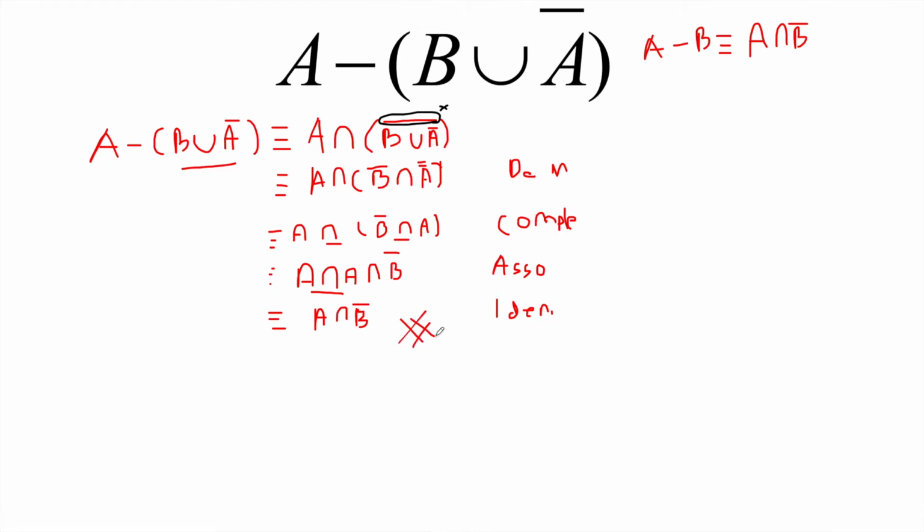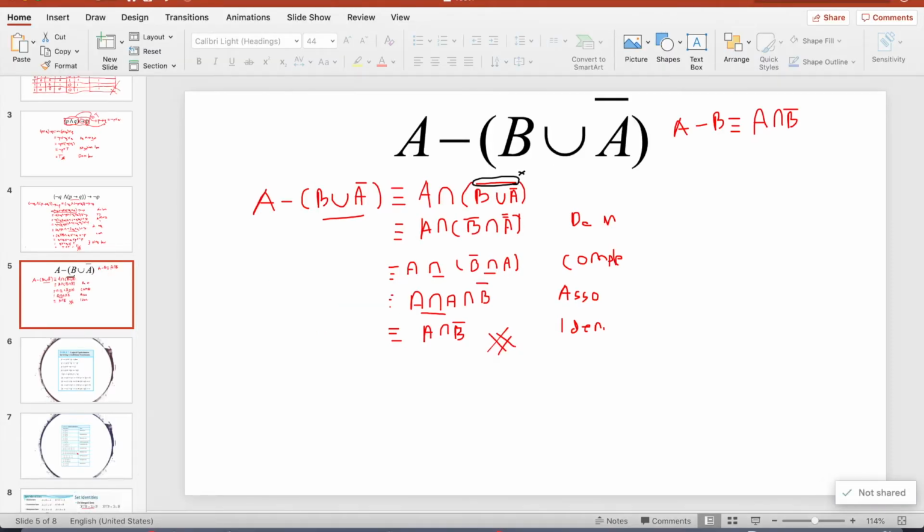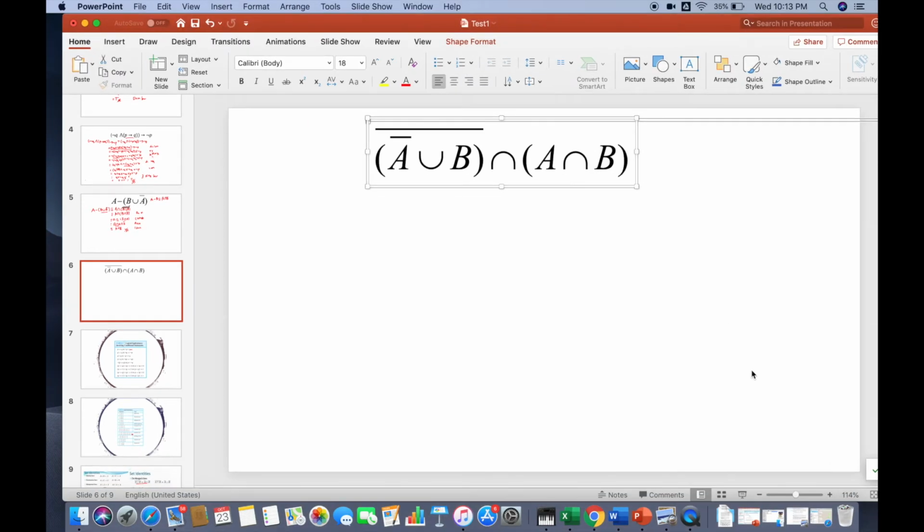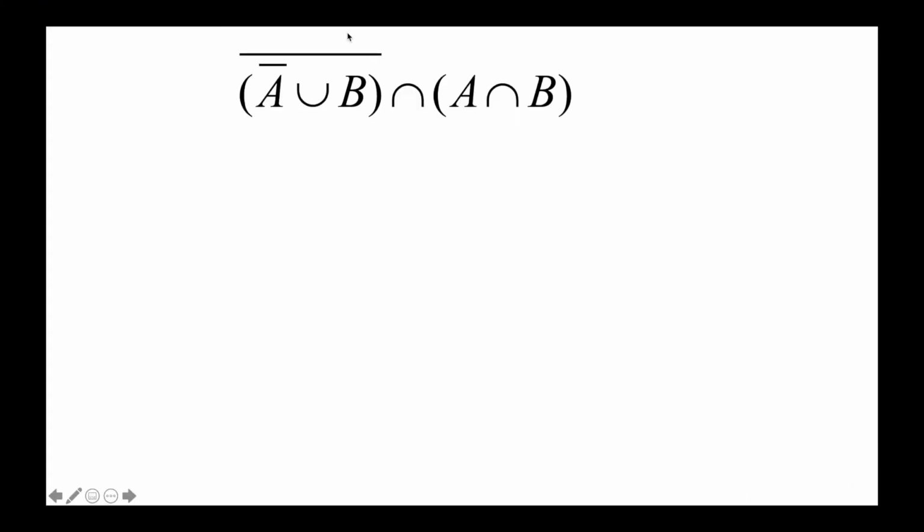So the simplest representation of this one is this. Right? And then for this one, again, you have to get rid of the first bar.